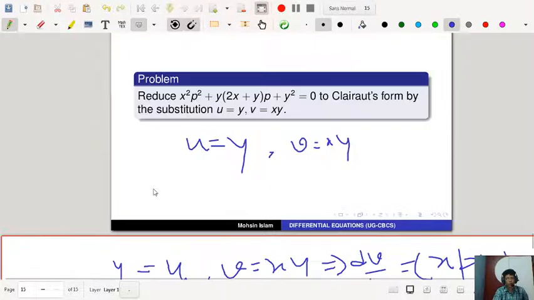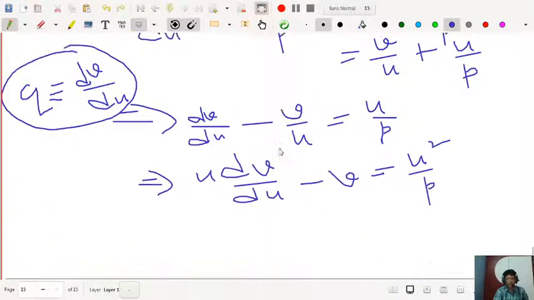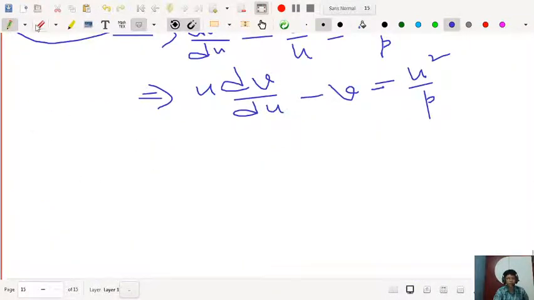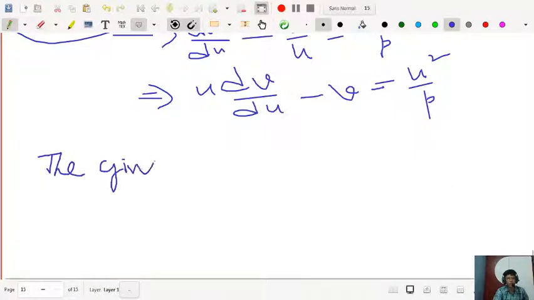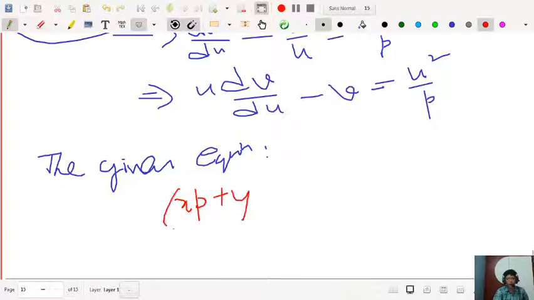So let's go to the problem now. What was the problem? If you open the bracket, you will see it is (xp plus y) whole square. So your given equation can be written as (xp plus y) whole square plus y square p, right?